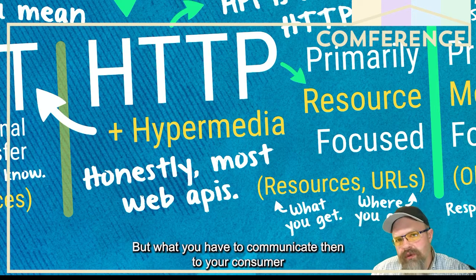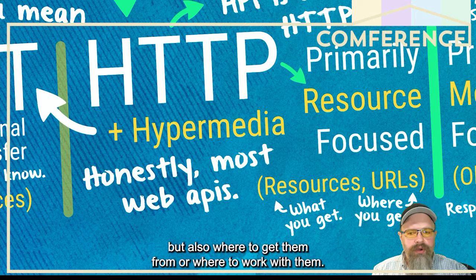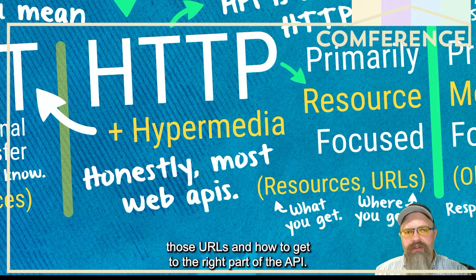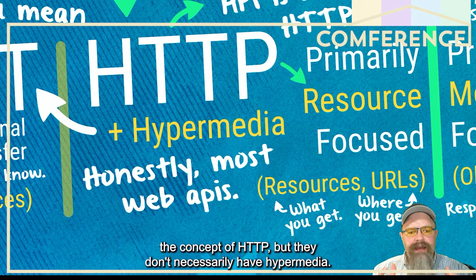But what you have to communicate to your consumer is not just the resources you're working with, but also where to get them from, where those URLs are, how to construct them, and how to get to the right part of the API. And honestly, most web APIs are HTTP APIs. They embrace the concept of HTTP, but they don't necessarily have hypermedia.